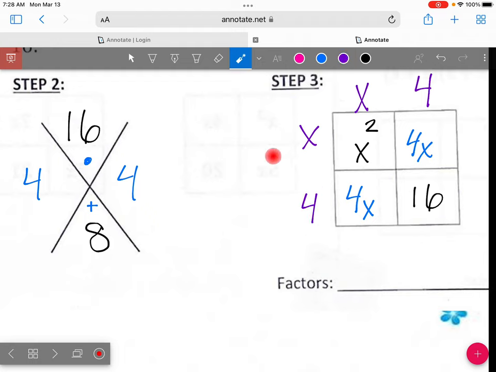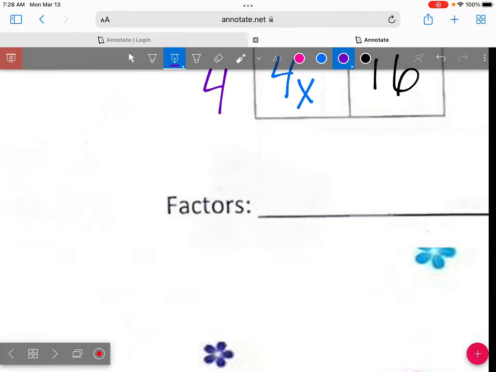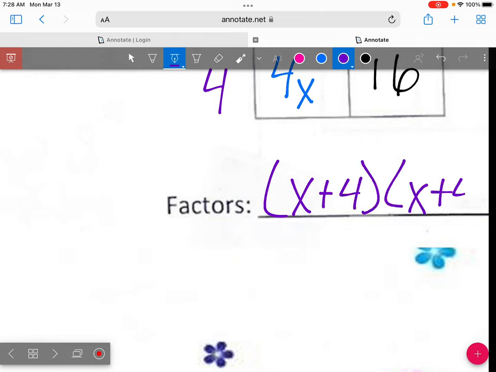When I put these into factors, what operation goes between the x and the 4? Plus. I just wanted to check it because we haven't actually talked about it. So we wind up with x plus 4 and x plus 4.